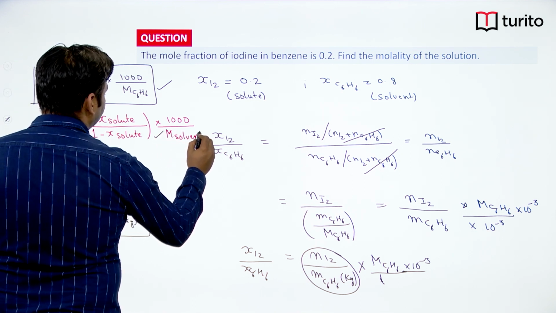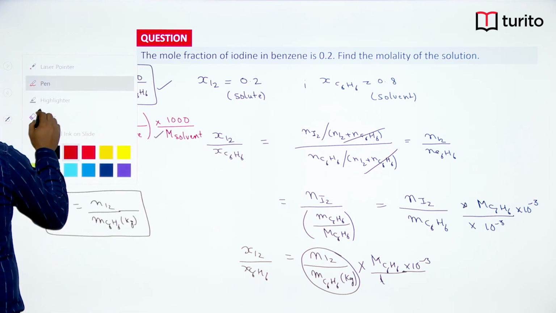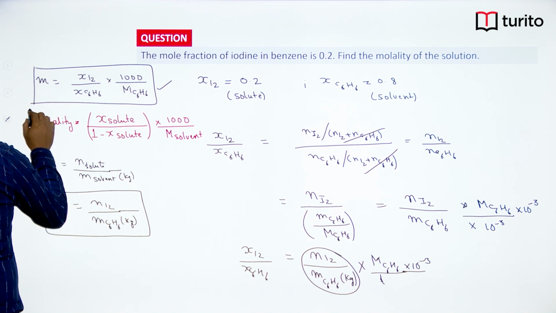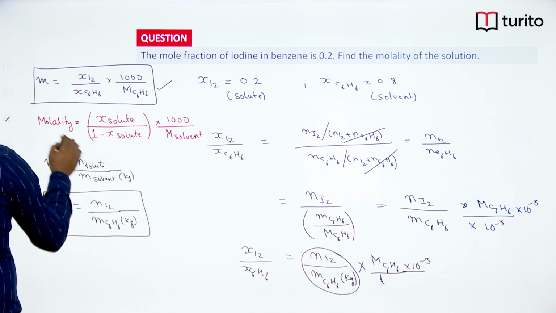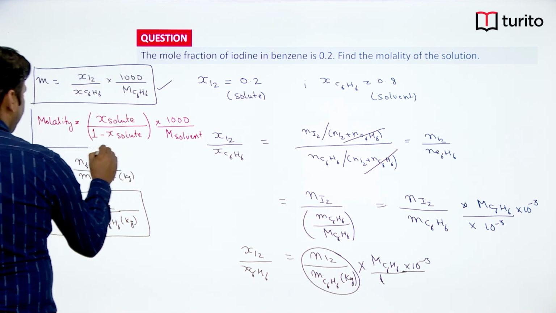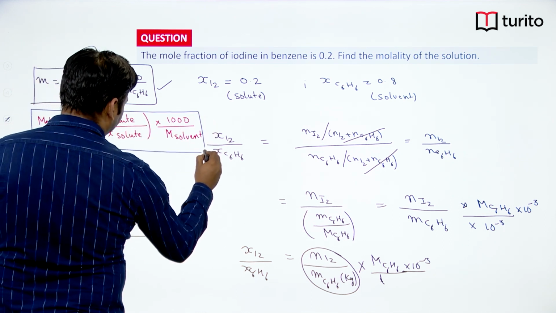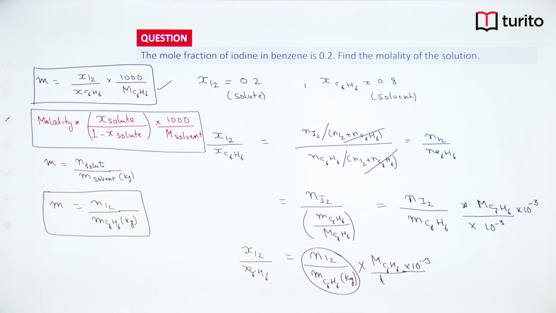This is the way you convert mole fraction directly into a molality term. If molality is known to you, we can get the mole fraction using the same formula, or if mole fraction is given to us, we can find the molality of the solution. So just write it down.